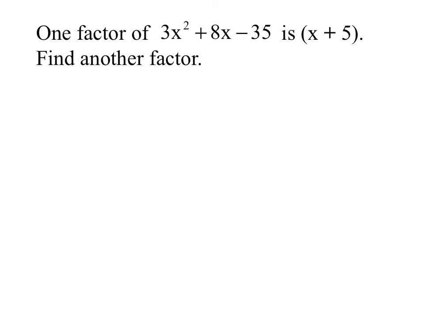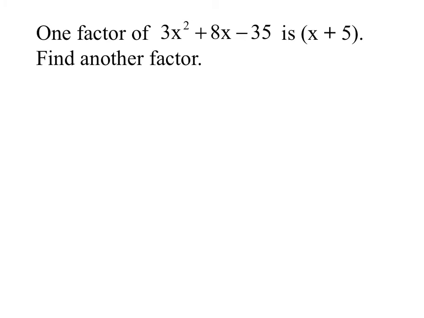Okay. Here's one way that the answer could be given to you. One factor of 3x squared plus 8x minus 35 is x plus 5. Find another factor. So here what they're doing is they're telling you what the dividend is and what the divisor is, okay?